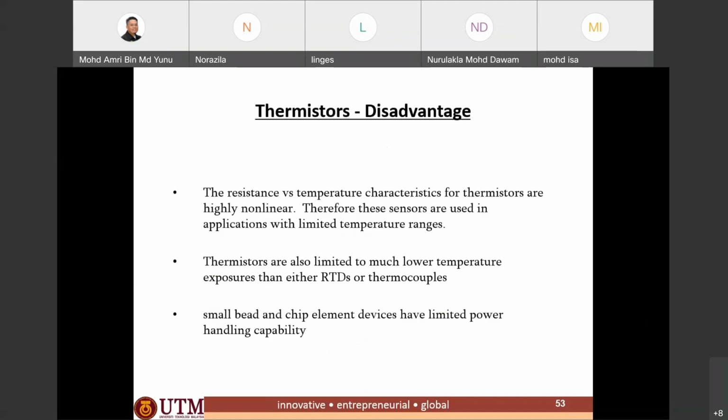Now we look at the disadvantages. They are highly non-linear, so they are not suitable for a big temperature range. They are very good for a small temperature range. Also, they are limited to much lower temperature exposure than RTD or thermocouple.